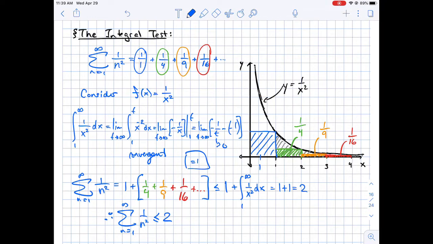Okay, and so here what we have shown is that we have our integral 1 over x squared. It is convergent, and really if you put this together with the fact that these terms in our series are all positive, they are decreasing, okay, and this function doesn't have any discontinuities in it, all right.